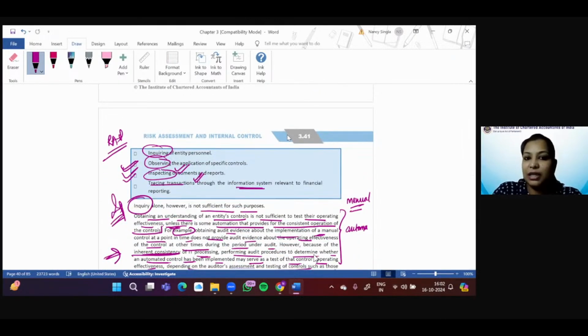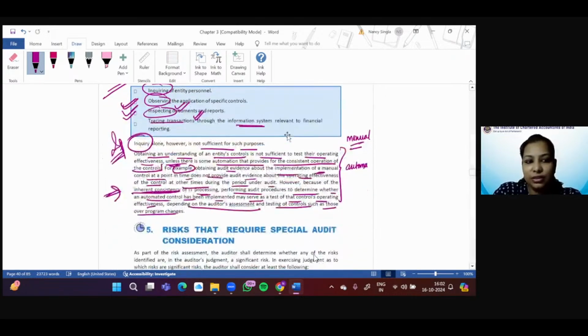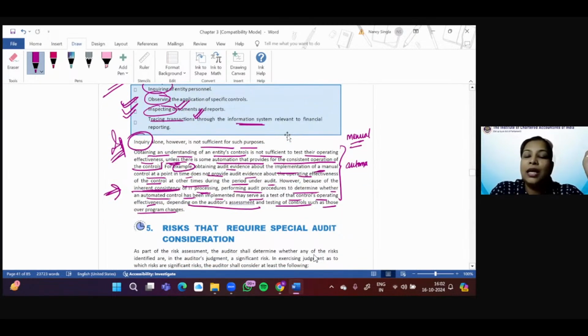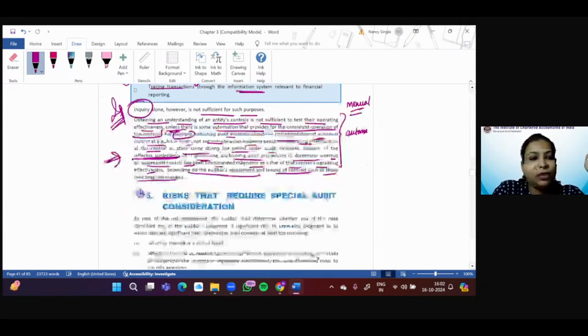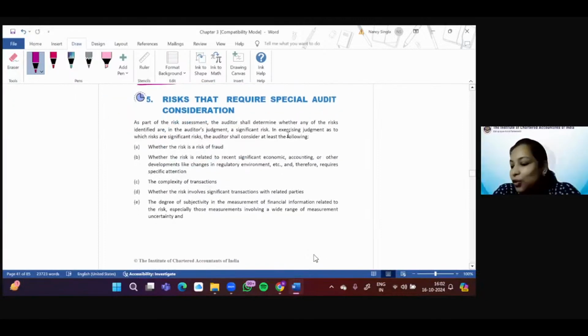Inquiring, observation, inspecting, and inquiry alone is not sufficient. Then we saw that if an automated internal control is there and the auditor is satisfied with respect to the controls on the program changes, then obtaining information once is also sufficient, but this is not the case with respect to manual internal control. I hope the topics are clear to all of you.